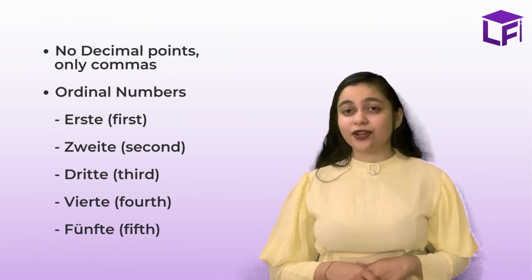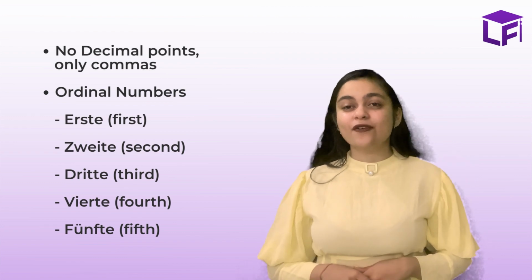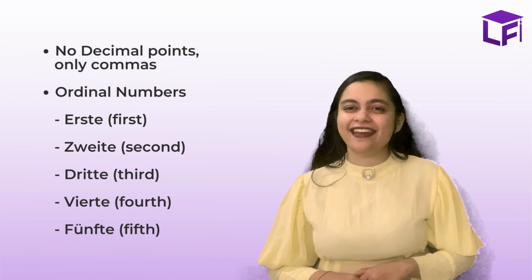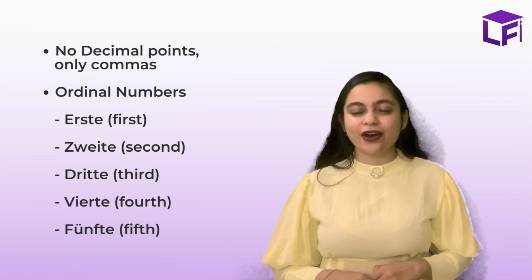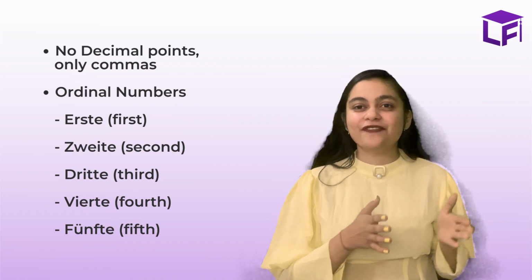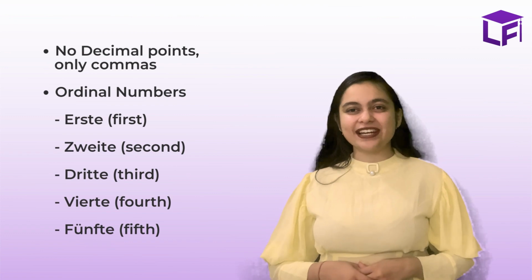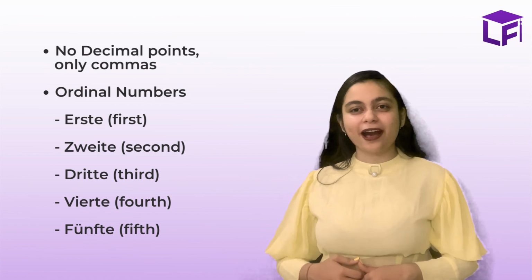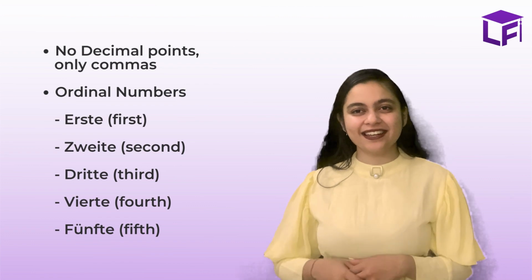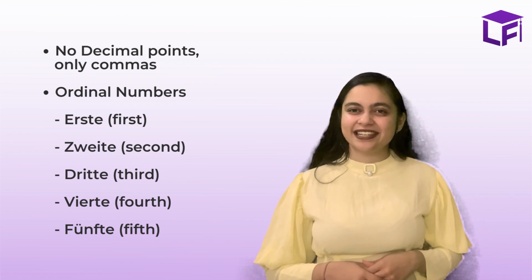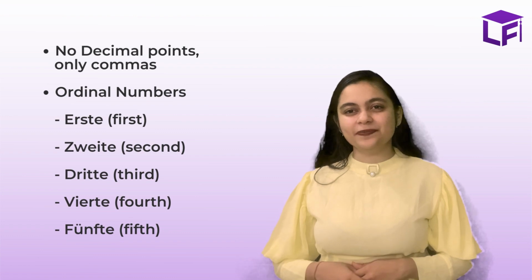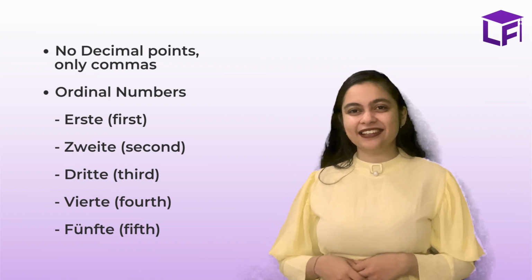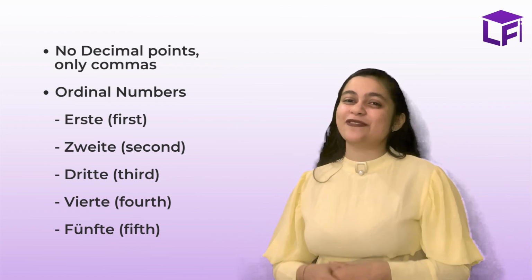So how will you write fourth? You'll only have to add a te towards the end of vier, which makes it vierte. Then fifth will become fünfte. Sixth will become sechste, and so on and so forth.